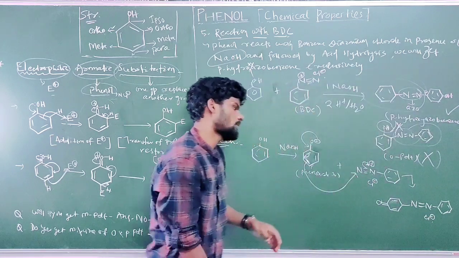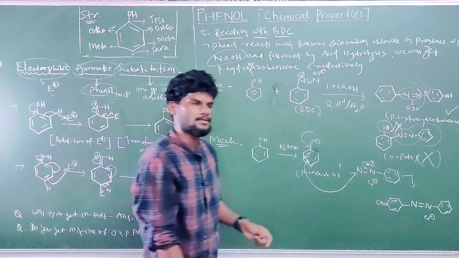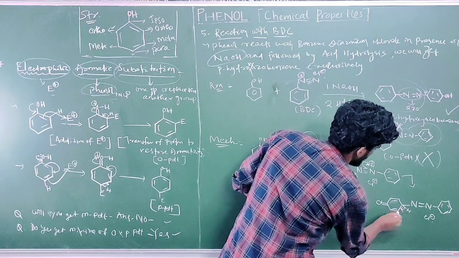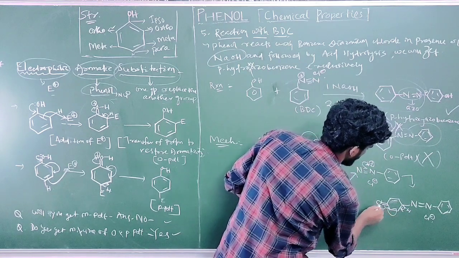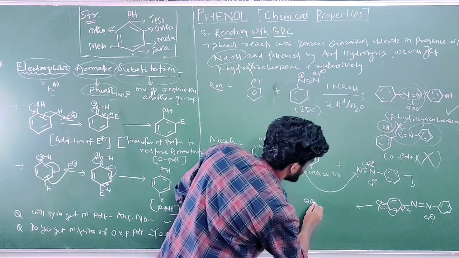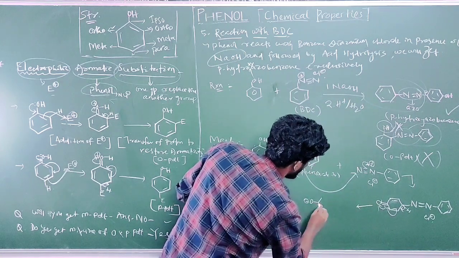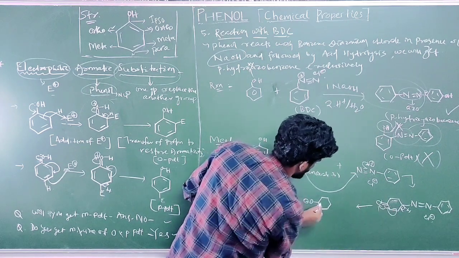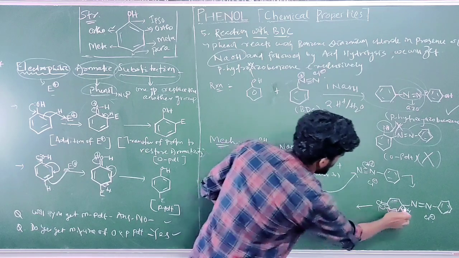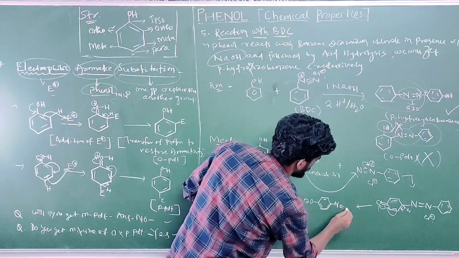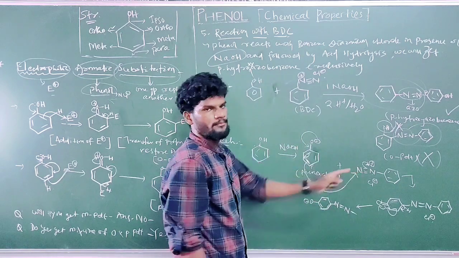In the next step, what happens? To restore aromaticity, the electrons of this hydrogen bond move to the ring, and this O minus. Okay, so what will it form? O minus now, and this bond moves out to this one. There is another bond, and here one new bond is formed, attached to N double bond N and the benzene ring.